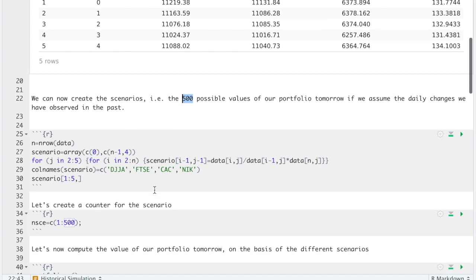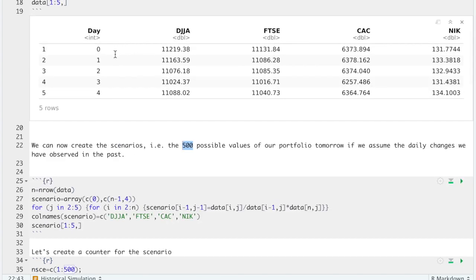Now, how can we do that? We can generate a new dataset that we call scenario, in which we just create the values of the different indices according to the daily variations that we have observed in the different days. So we consider, for example, under the first scenario, the variation between this value and this value for what concerns the Dow Jones, and this value for what concerns the CAC 40.